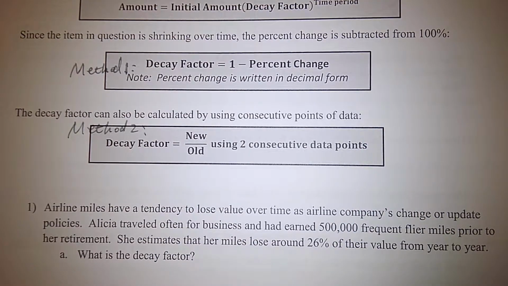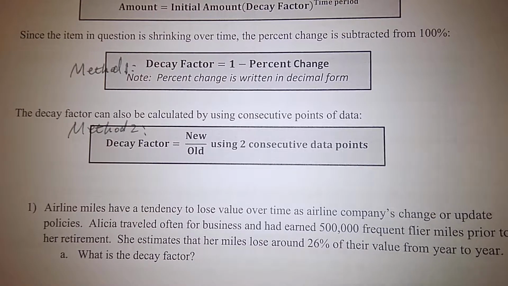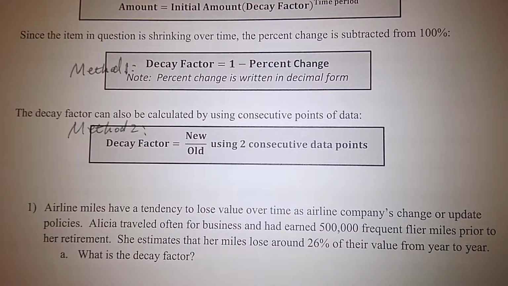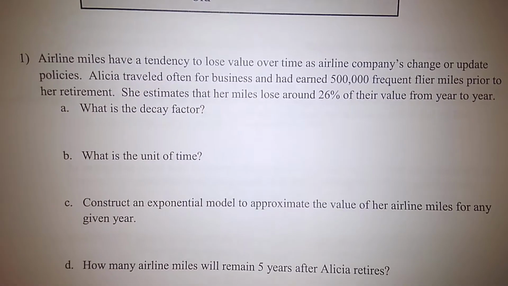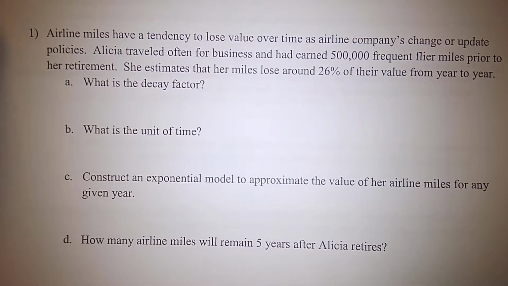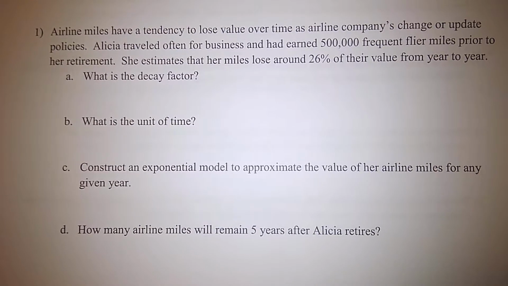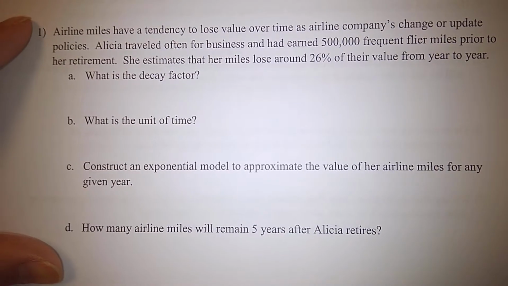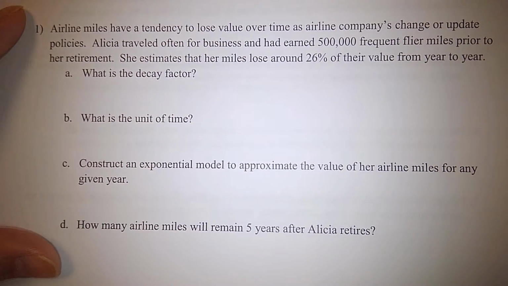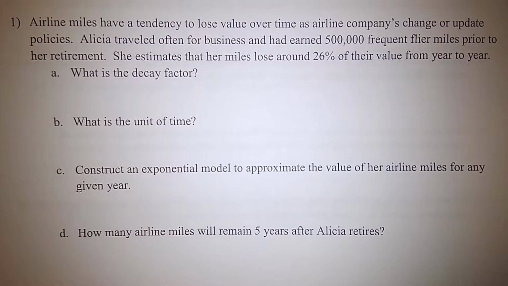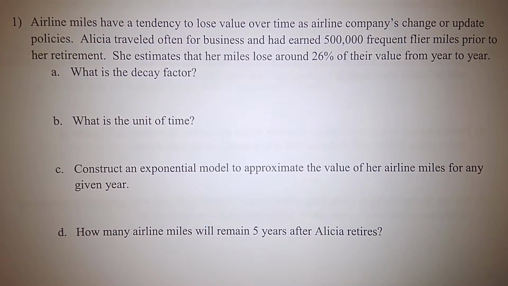Now let us try an example. How about we try question 1 on page 111. I'm going to ask a volunteer to read this entire question for us. Andrew: Airline miles have a tendency to lose value over time as airline companies change or update policies.